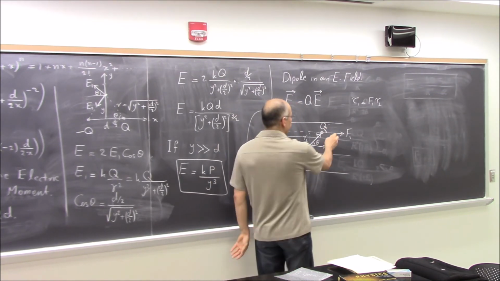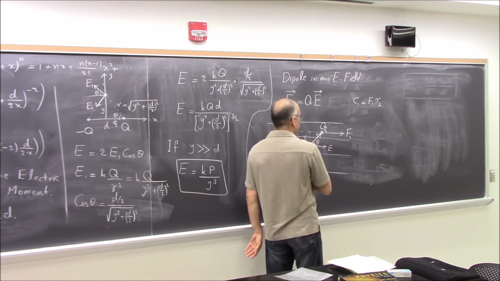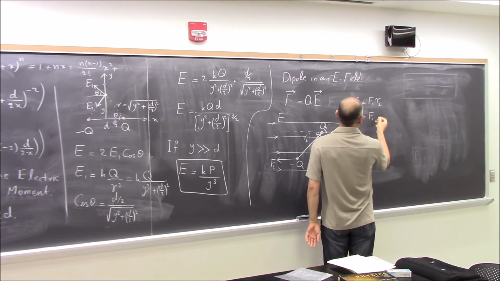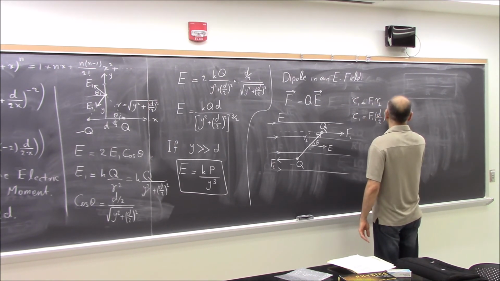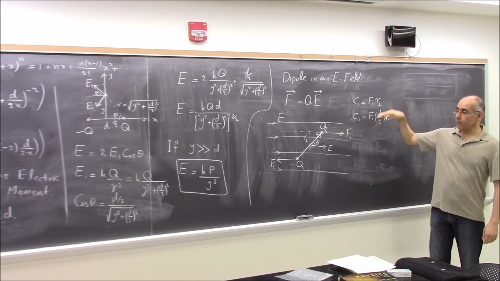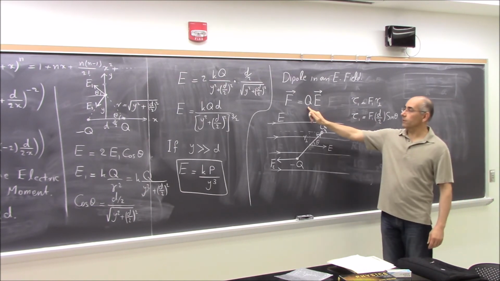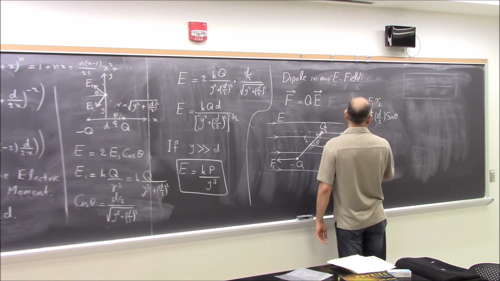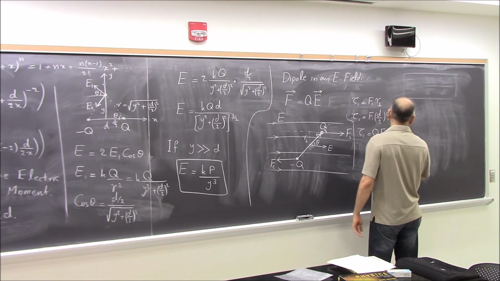So the torque of F1 is equal to F1 times d over 2 times sine of this angle. So tau 1 is F1 times d over 2 times sine theta. Theta is the angle between the dipole moment and the electric field. But F1 is Q times E. So tau 1 is Q times E times d over 2 times sine theta.